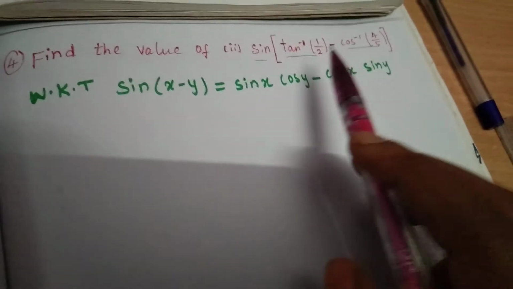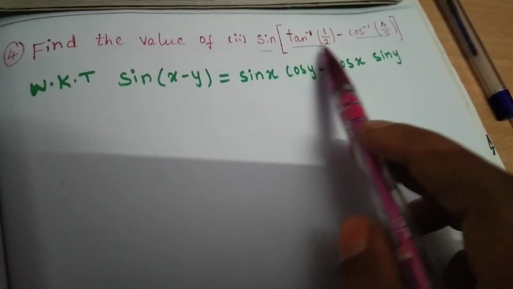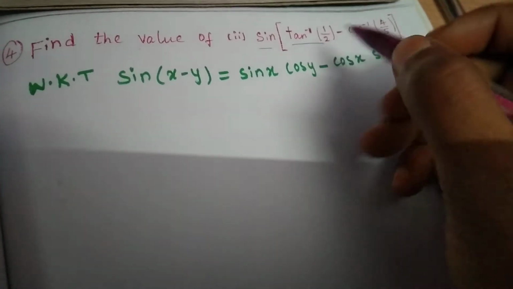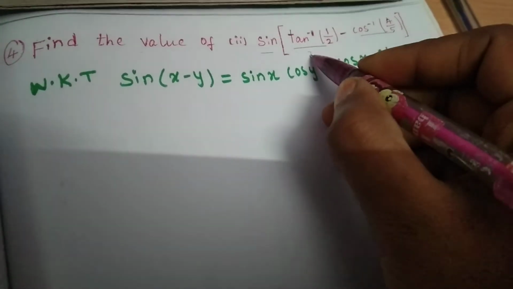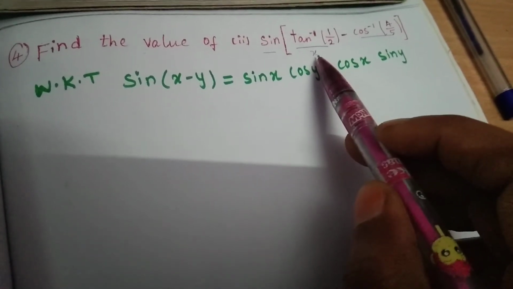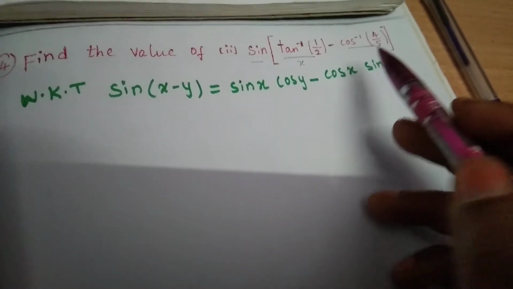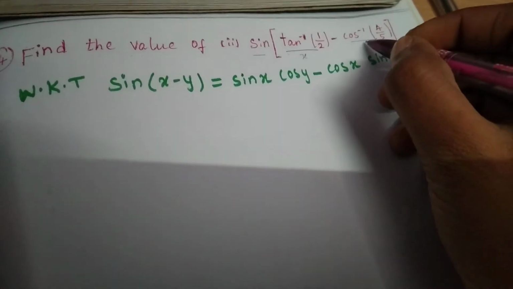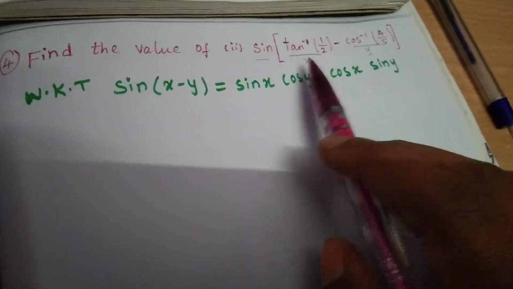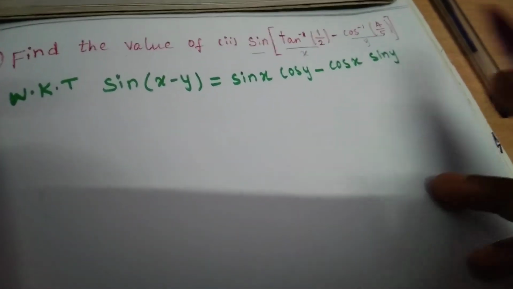We will take a simple concept. Let tan inverse of 1 by 2 be x, and cos inverse of 4 by 5 be y. This is for convenience; we can take x, y or a, b, any letter.